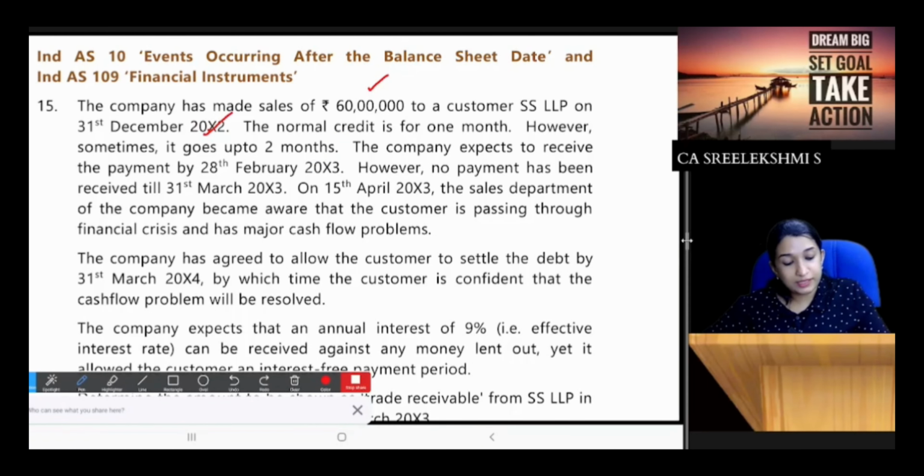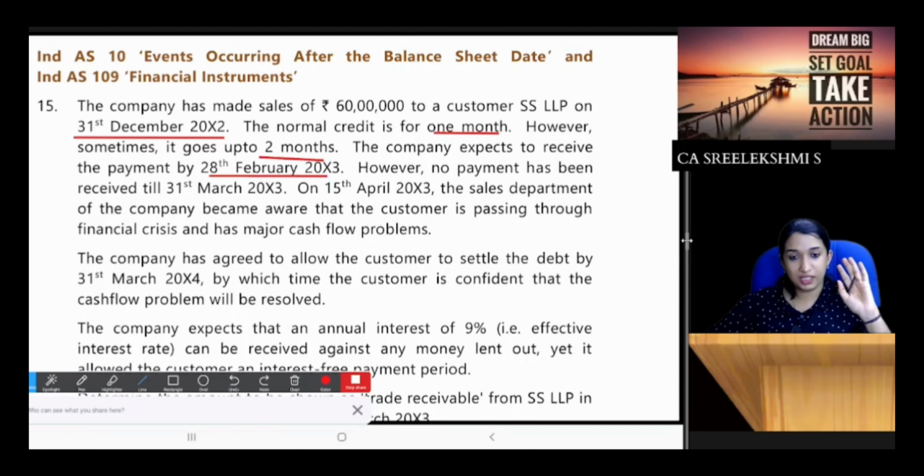The normal credit is for 1 month. However, sometimes it goes up to 2 months. So the company expects to receive the payment by, therefore, 2 months, 28th February. However, no payment has been received till 31st March 2013.